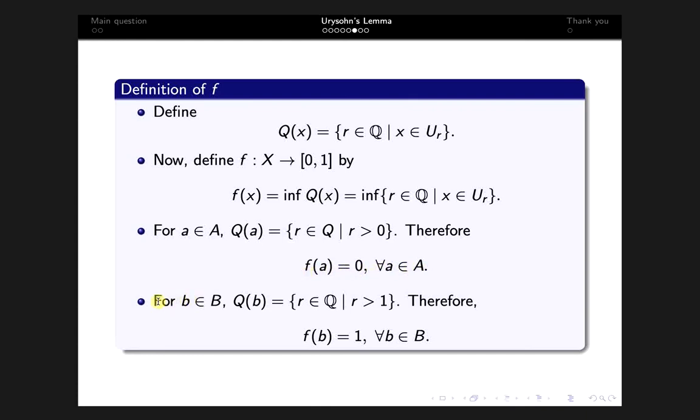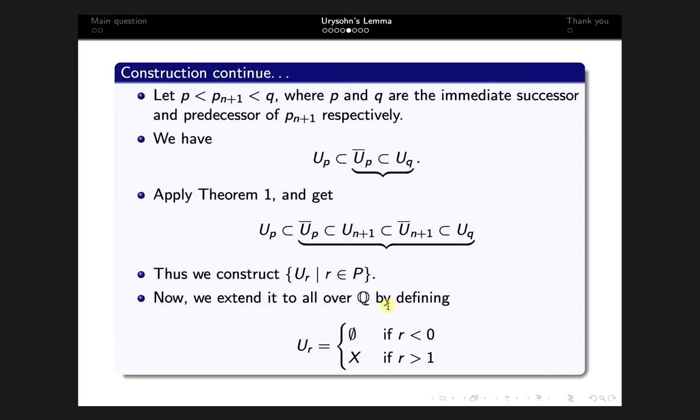Now similarly, one can see that for every little b in the closed set B, Q of b is equal to the set of R belonging to Q such that R is strictly greater than 1, and so one can say that U1.